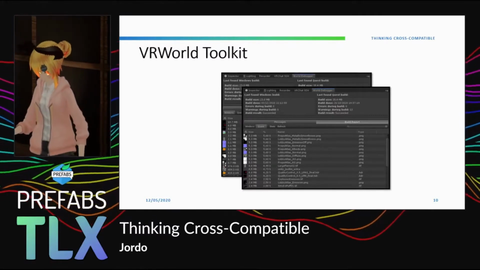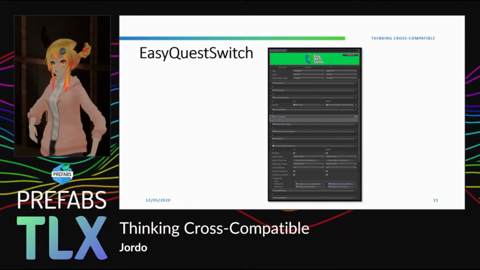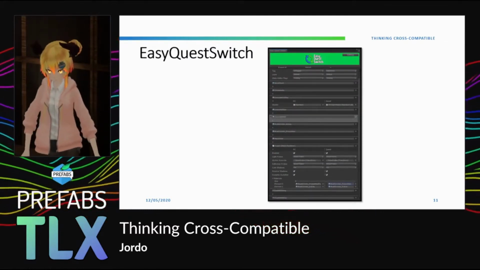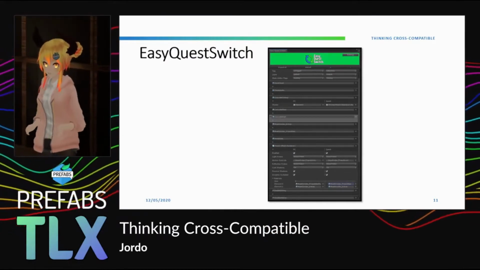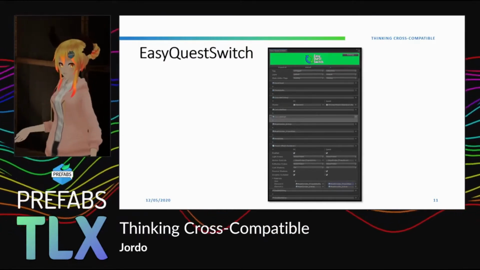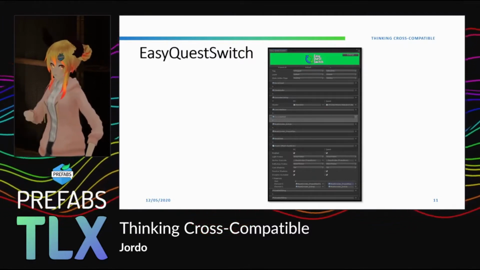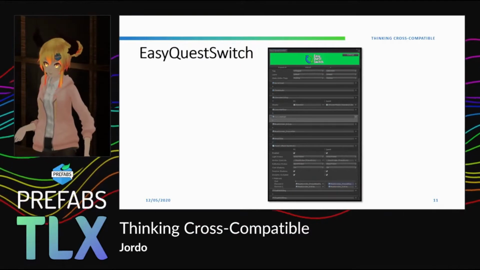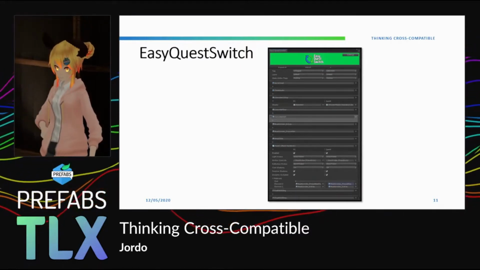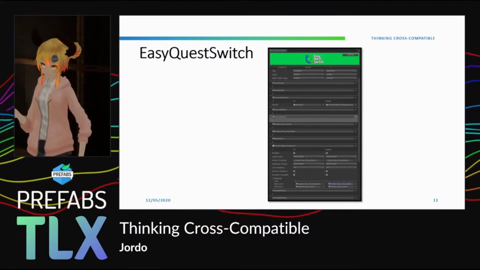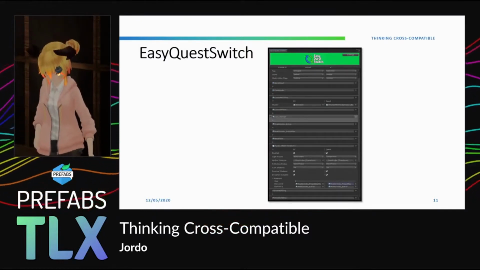The second one I want to talk about is EasyQuestSwitch, which is my own tool that I developed after making Meat Grinder. As I said earlier, it allows you to automate changes on components. What that means is that if you drag in a game object, you can change the layer, the tag, and the static flags. Basically, automatically, as soon as it changes from PC to Quest, all you have to do is drag in the component, and then you change the different settings.